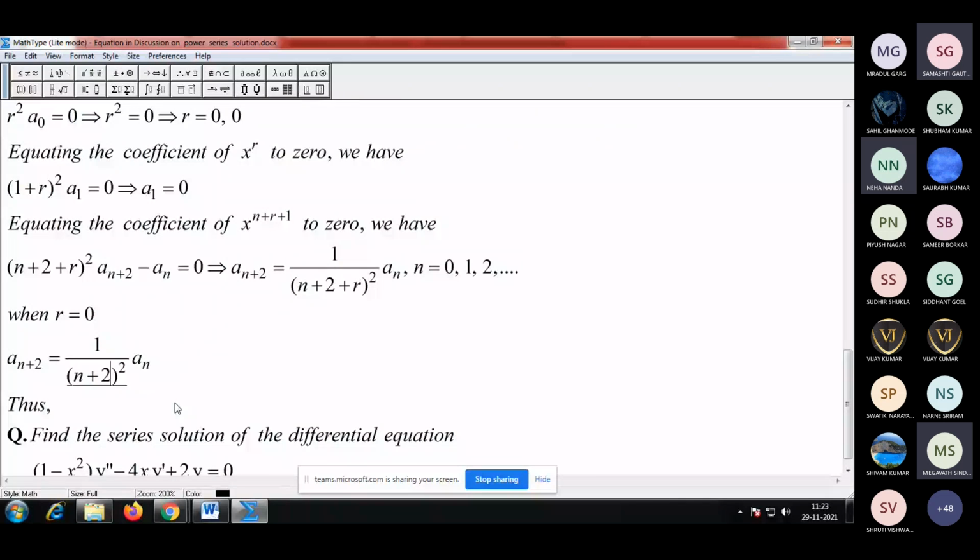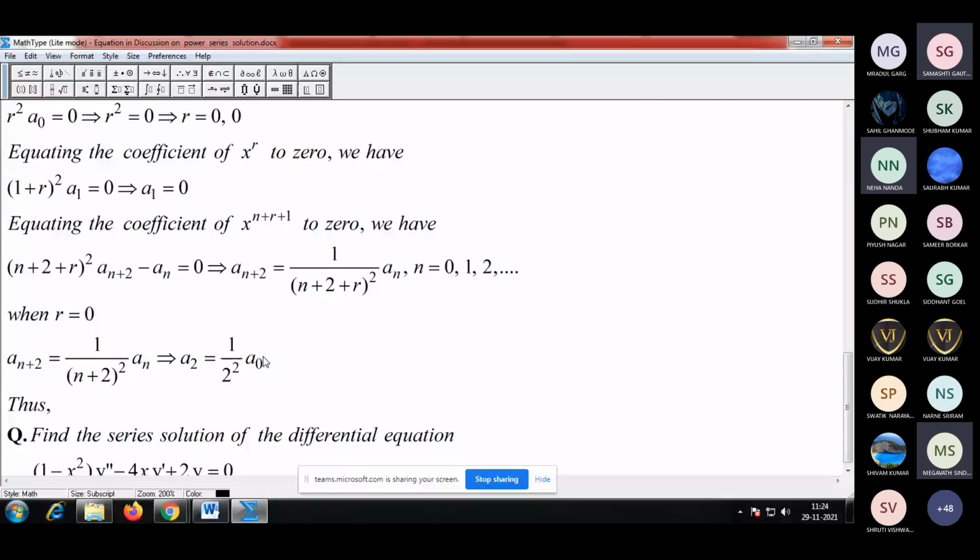So n is 0 means a2 in terms of a0, and n is 0 means 2 squared. Here it is going to be 2 squared.